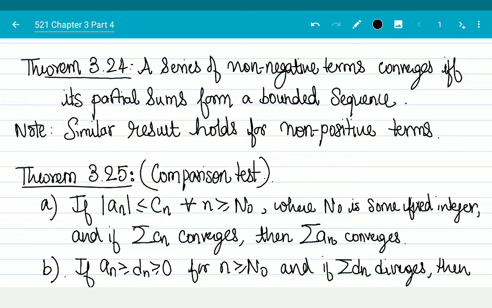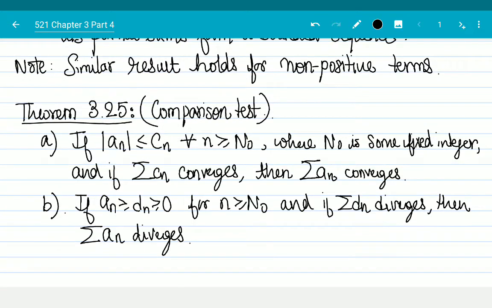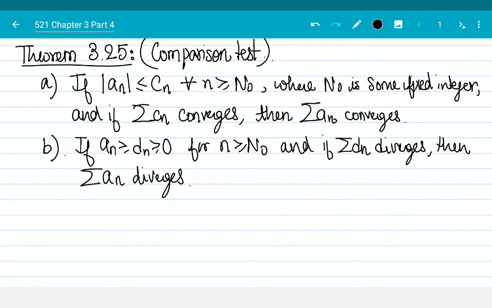We saw the result that the field of complex numbers does not have a total order. So both of these results, theorem 3.24 and theorem 3.25, are only valid for real series. They are not valid for complex series. This is special for real series. Okay?